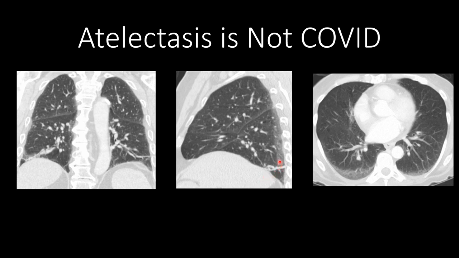You can also get peripheral ground glass opacification related to atelectasis, but that peripheral ground glass opacification is usually limited or isolated to the dependent portions of the lungs.